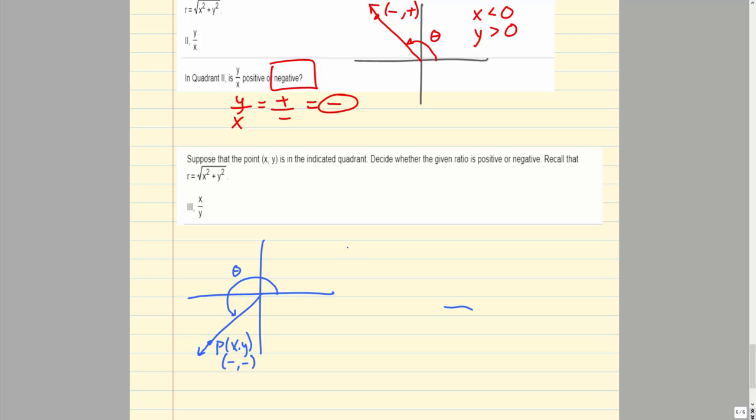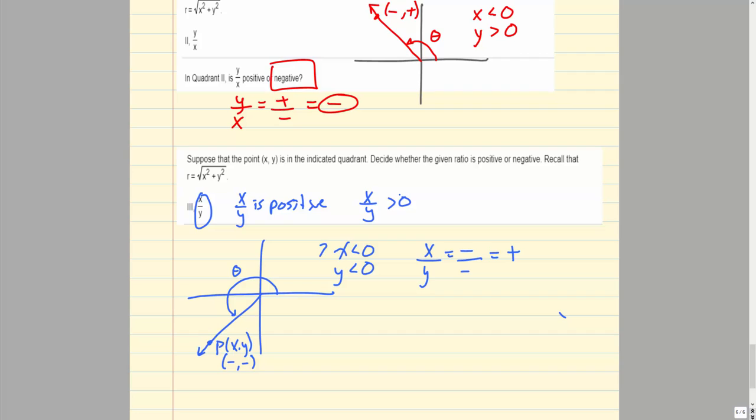So what we would say here, that in quadrant 3, x is less than 0 and y is less than 0. They're both negative. So if we look at the ratio x over y, and we already know r is positive, if we look at the ratio x over y, that's going to be a negative over a negative, which is a positive. So this particular ratio, x over y, is going to be positive. So x over y is greater than 0.